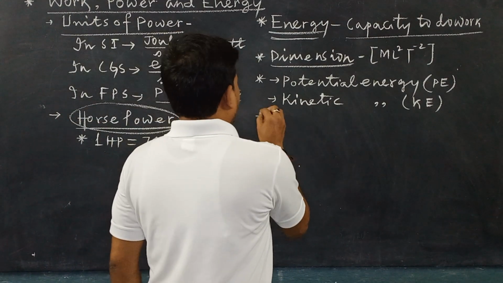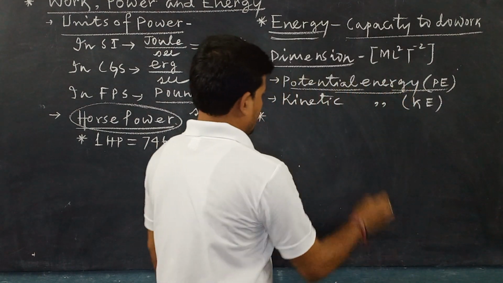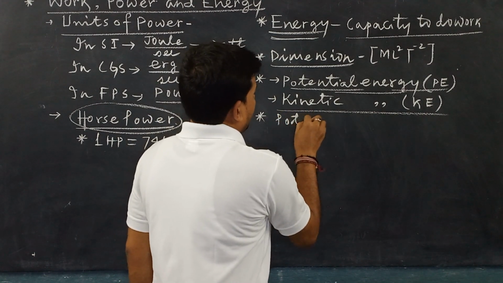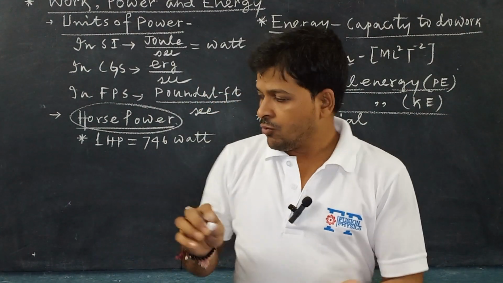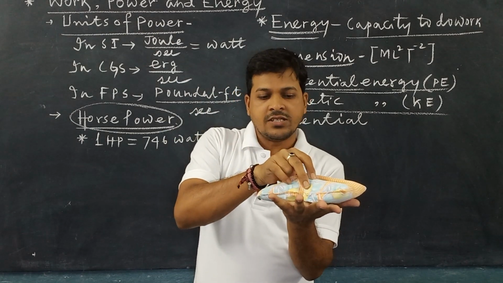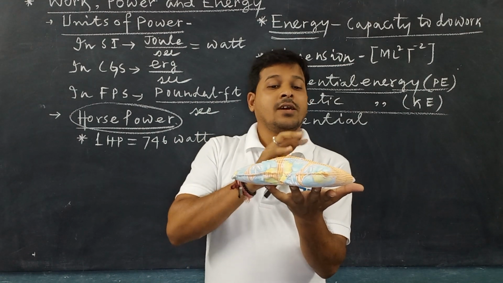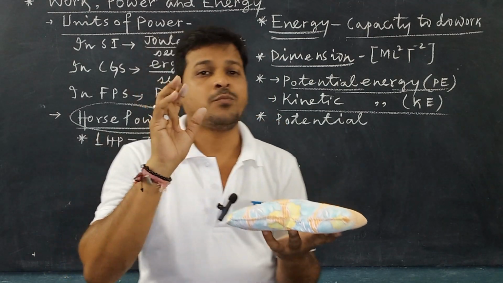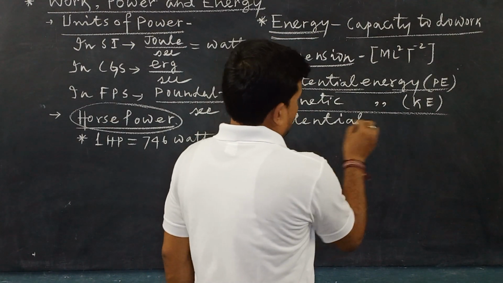Now we are going to learn the mathematical derivation and definition of potential energy and kinetic energy. In case of potential energy, consider this is the body. If we change its position on a plane, then some amount of work has to be done, and this work is stored within the body as potential energy.